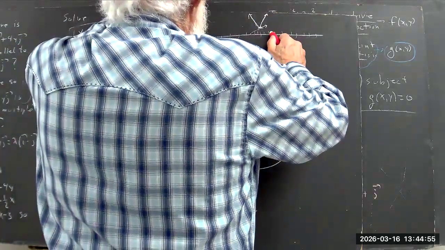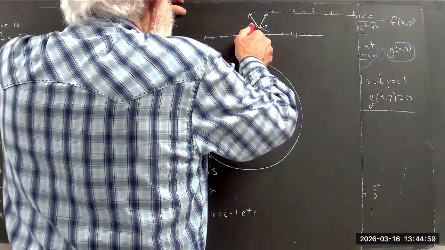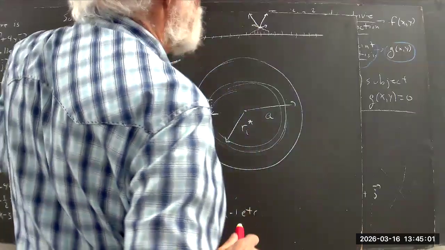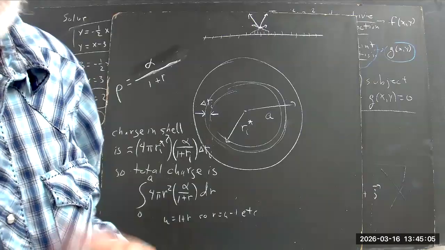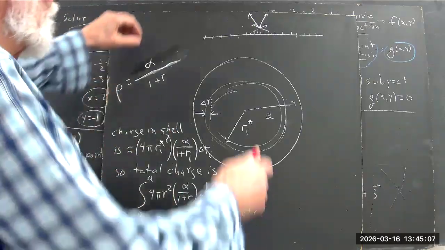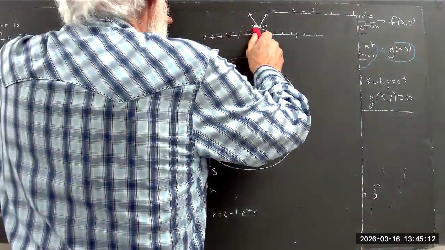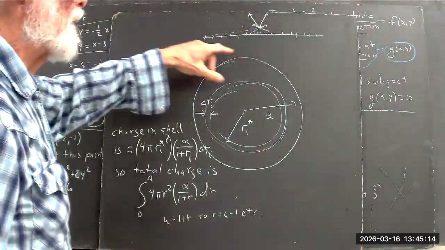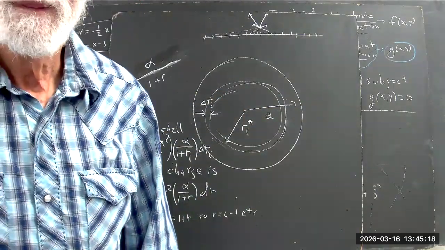Now on this side, I've got another point. I could do my radial vector, and it might be like this. Now, one point I want to make: if I go way out here, remember this is an inverse square force.